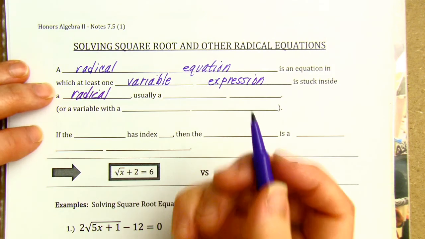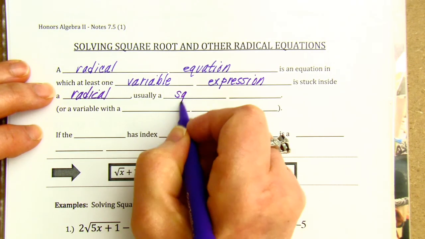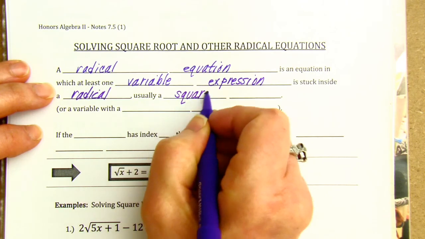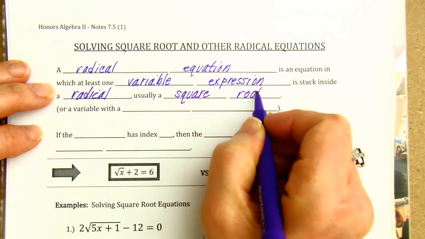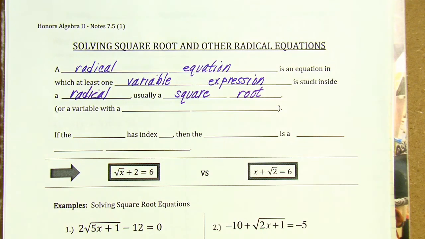Usually a square root. Not always, but usually. We typically work with the square roots because if you're using higher roots, the process is pretty much the same.